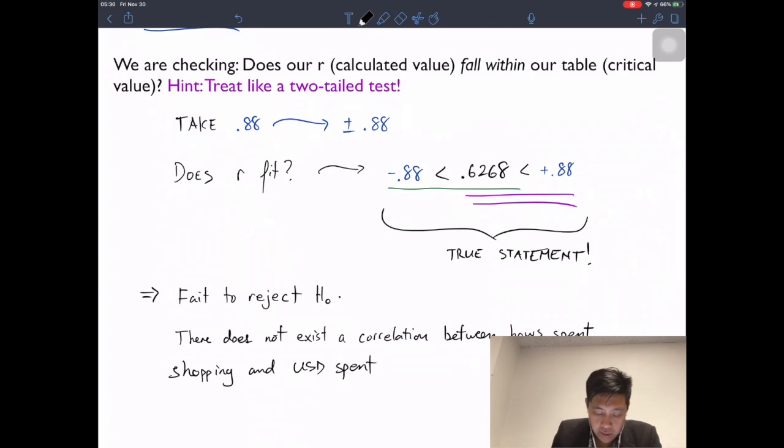Okay, so in other words, this is not statistically significant.